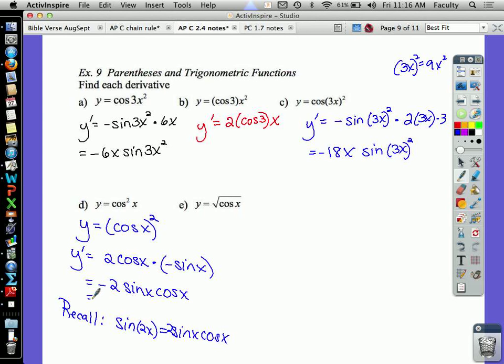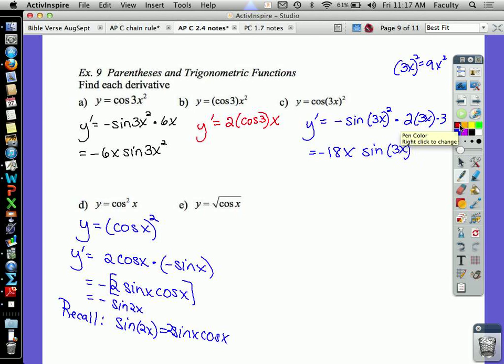Yeah, do you see that I could replace 2 sine x cosine x with sine 2x? Now you don't need to do it in general, but when it comes to the multiple choice section and you're looking and you're like, I know I did this right, but I don't see this answer, you've got to remember your trig identities and trig substitutions. All right, I'm just really trying to help you here.